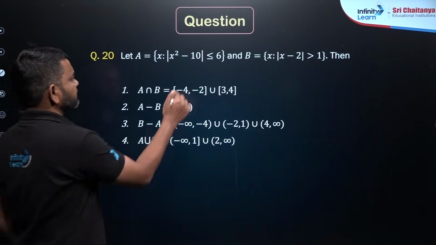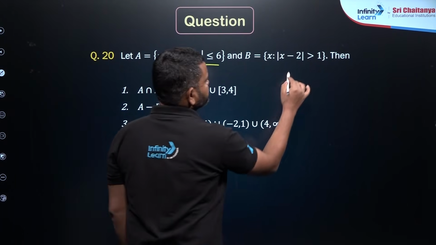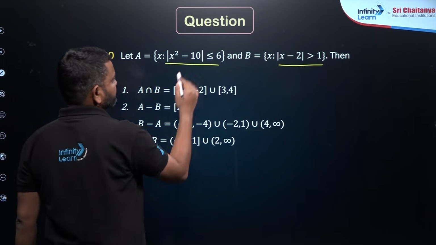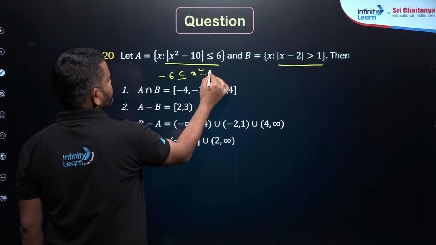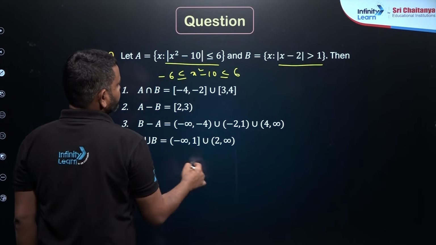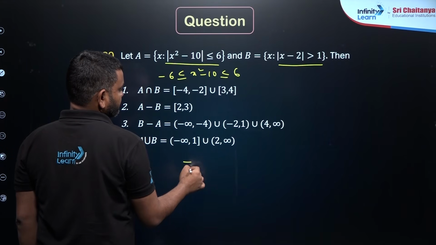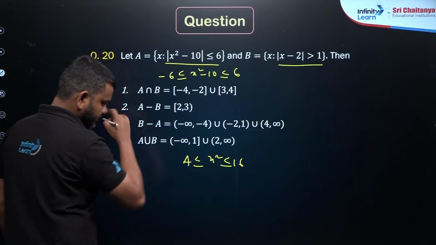Here I have x square minus 10 lesser than or equal to 6, or x minus 2 is greater than or equal to 1. So minus 6 means, can we say minus 6 is lesser than or equal to x square minus 10 is lesser than or equal to 6. Adding 10 everywhere, you are going to get 4 lesser than or equal to x square lesser than or equal to 16.